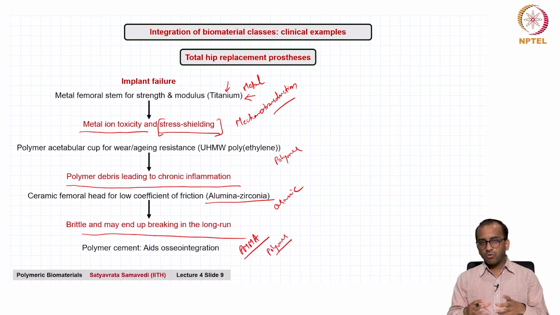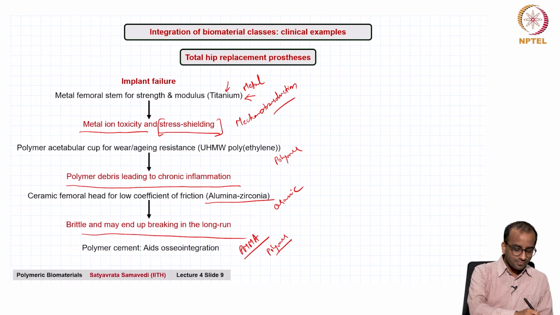So no single biomaterial by itself will serve this function, but it's a combination of biomaterials, each with a specific set of unique properties, that together jointly serve the function of the hip replacement. So now you have a slightly larger sense of appreciation for regular activities that you can do with your knee and your hip.